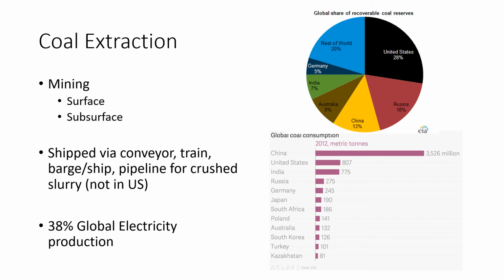If it's made into some sort of slurry that can be used almost like an oil. We don't do that in the U.S., but you can actually liquidize coal for burning. And coal is really 38% of the global electricity production. So, quite a bit.